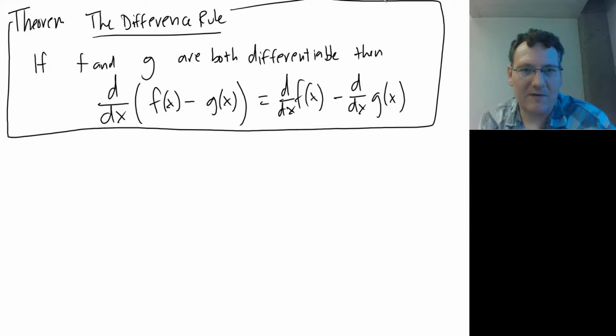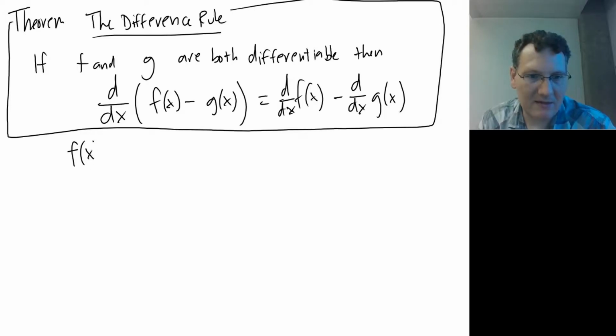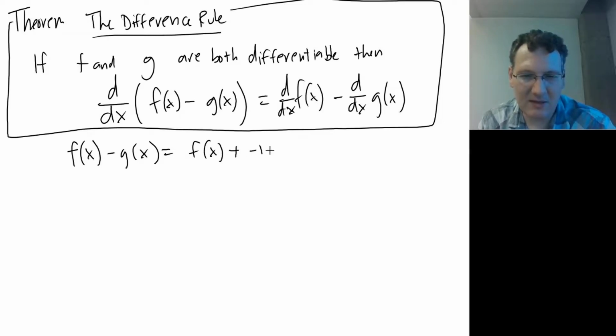All right, now we have a theorem called the difference rule, which is kind of like the same thing. As long as you have two differentiable functions, f and g, the derivative of their difference is the difference of their derivatives. Since we already established the constant scalar rule, you just have to note that f of x minus g of x is just f of x plus -1 times g of x, right?